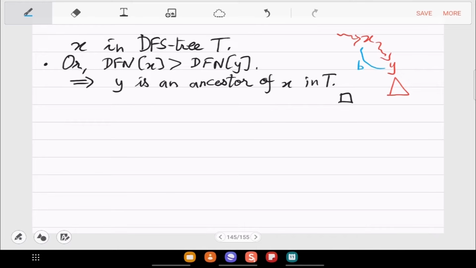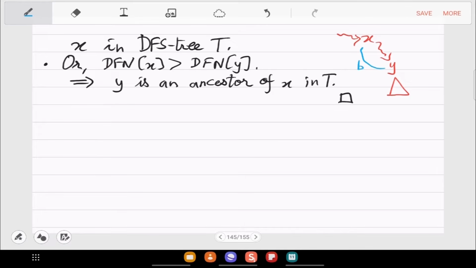Is this clear? So when there is a back edge, clearly there are two ways to reach, and DFS has used exactly one way. So the other way becomes the edge that is called the back edge. Okay, so that finishes the structure of the edges.